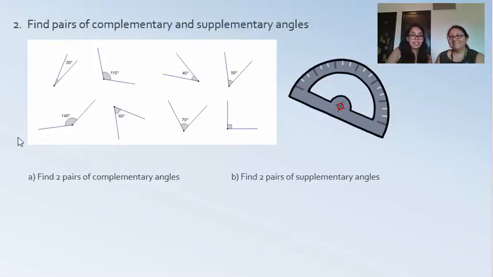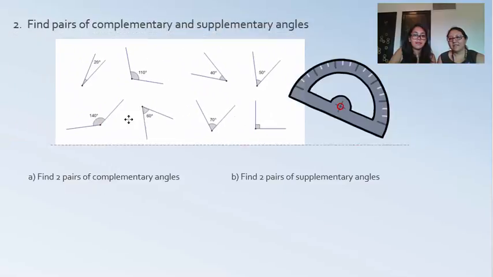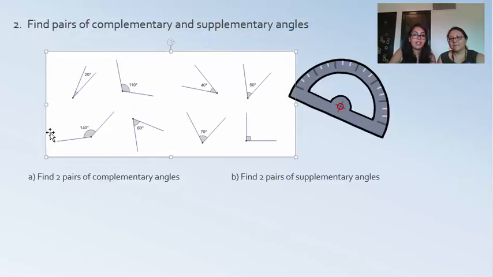Okay, now that Yadira explained what complementary and supplementary angles are, let's try to find a couple pairs. Let's start with finding complementary angles. So what did Yadira say? She said complementary are two angles that add up to 90 degrees.